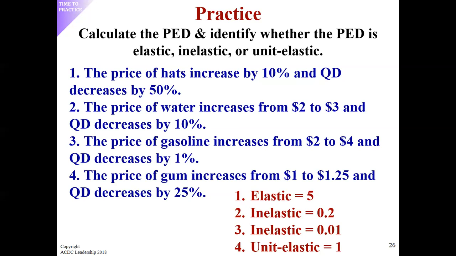Could you just walk me through how you got it? All right. So it went from 2 to 3, right? So it's 3 minus 2 over 2, 1 over 2, which is 50%. So you got 10 over 50, which is 1/5 or 0.2.